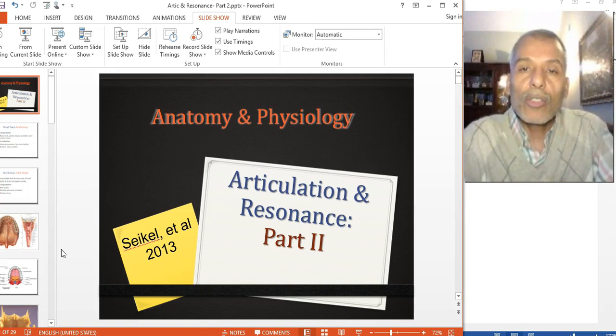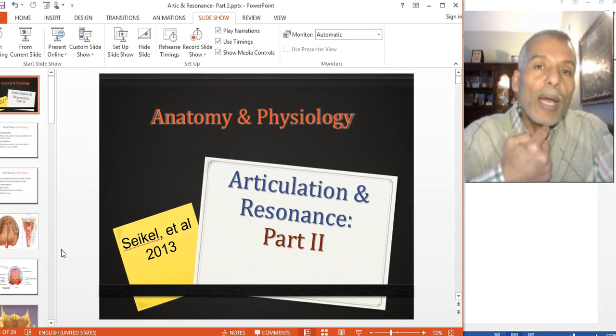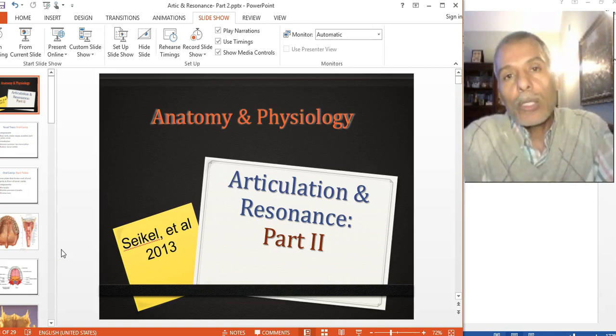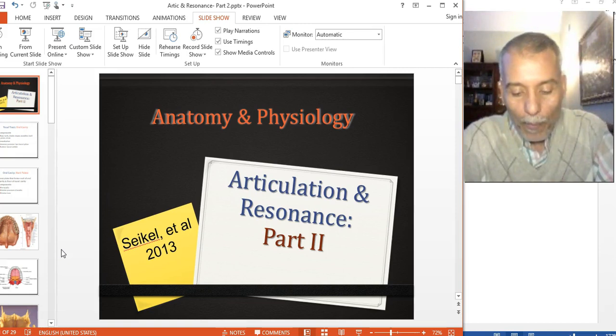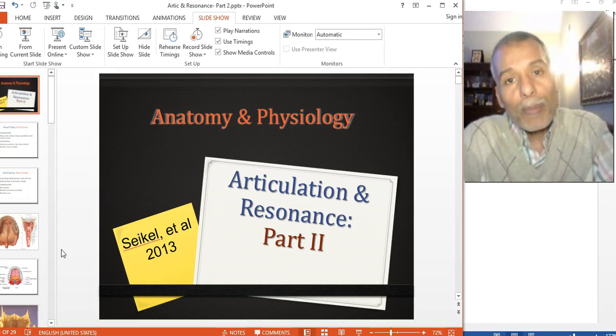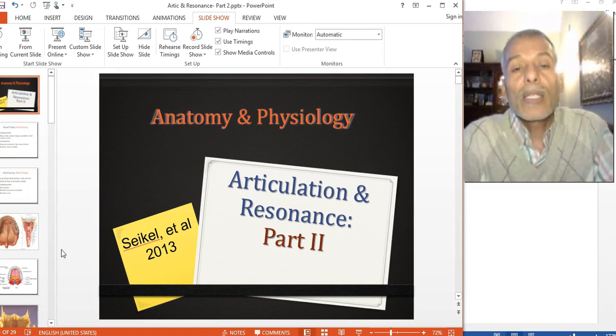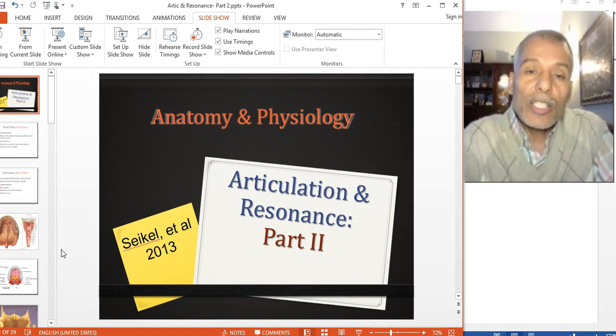Trace the structures of the hard palate from front to back. What structures do the upper teeth insert onto? What medical condition results if the hard palate or the soft palate does not fuse? What condition do you get?